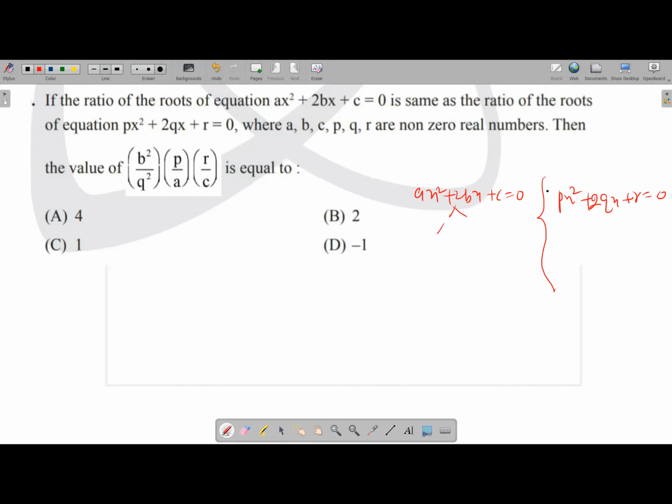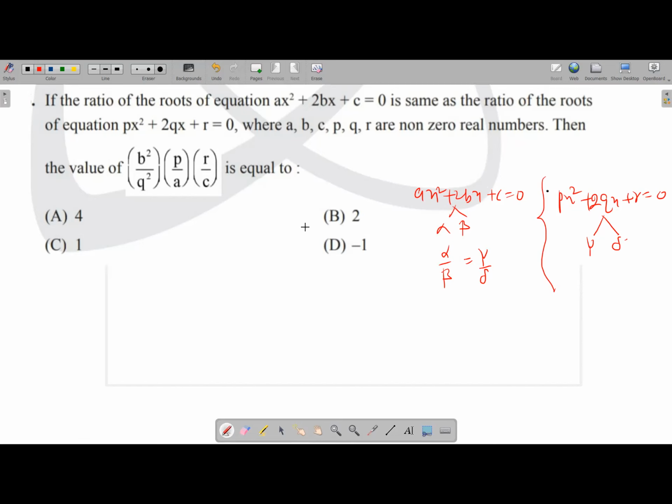Suppose this equation has two roots, alpha and beta, and this has two roots, gamma and delta. The question says that both the equations have the same ratio of roots. It means that alpha by beta must be equal to gamma by delta. This is the meaning of that. Alpha by beta equal to gamma by delta.